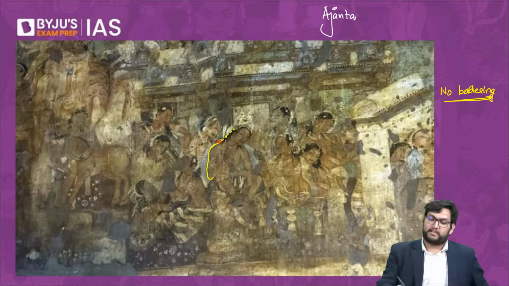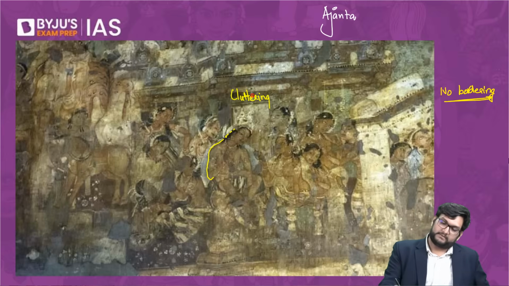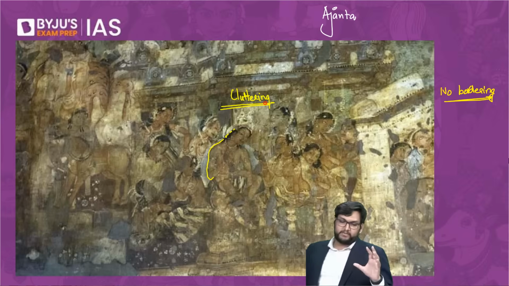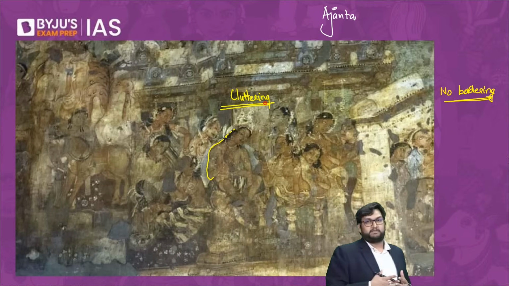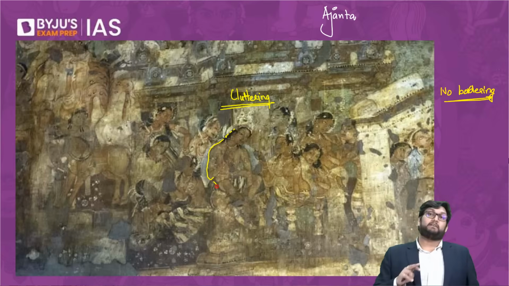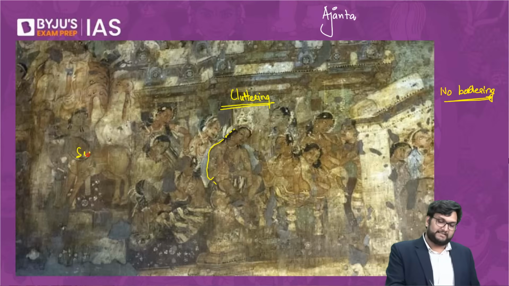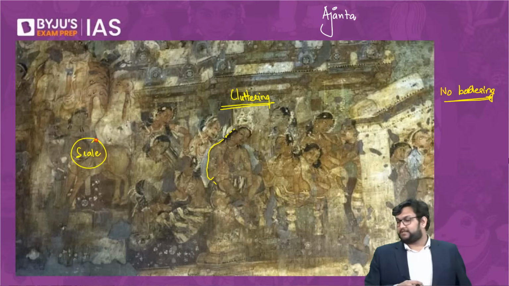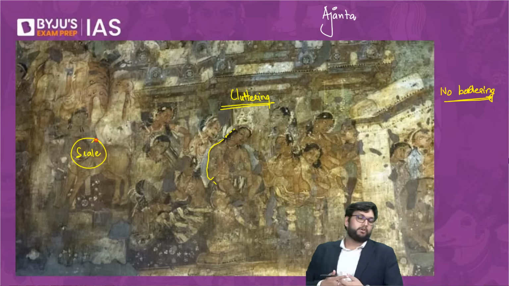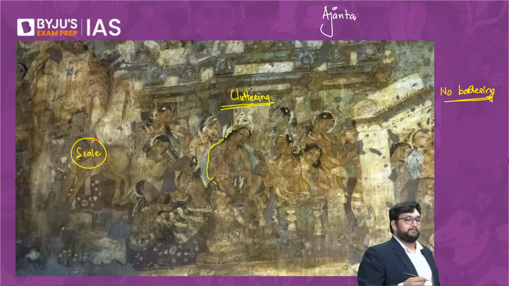Second is cluttering. A lot of things have been pushed into the same image. And the third would be scale, which we discussed yesterday. They are not able to express depth, and therefore issues of scale remain.